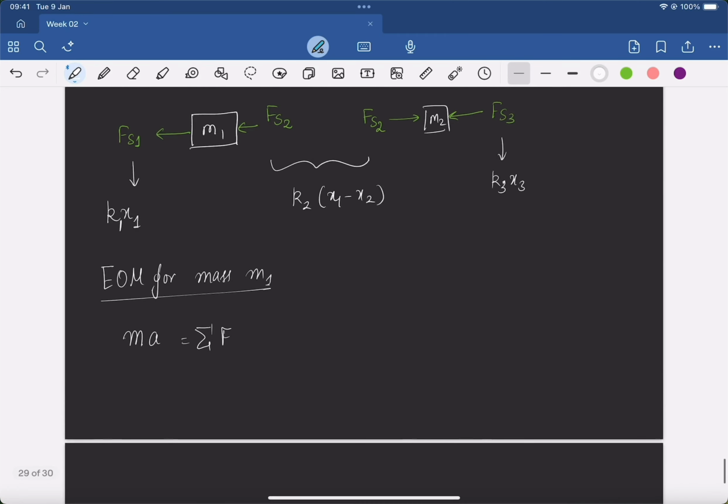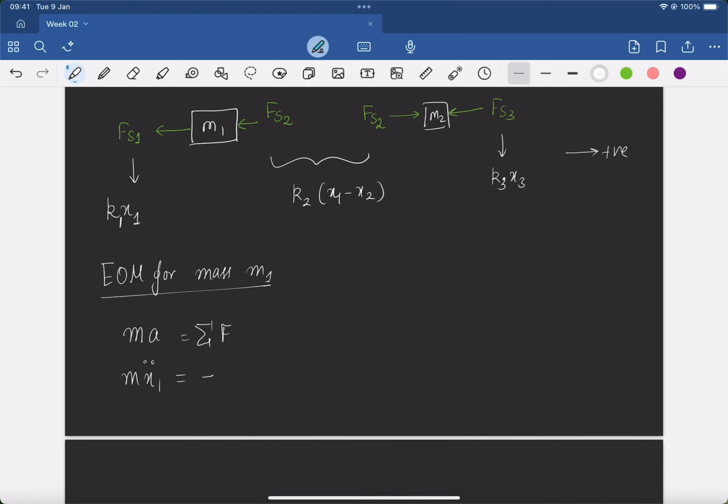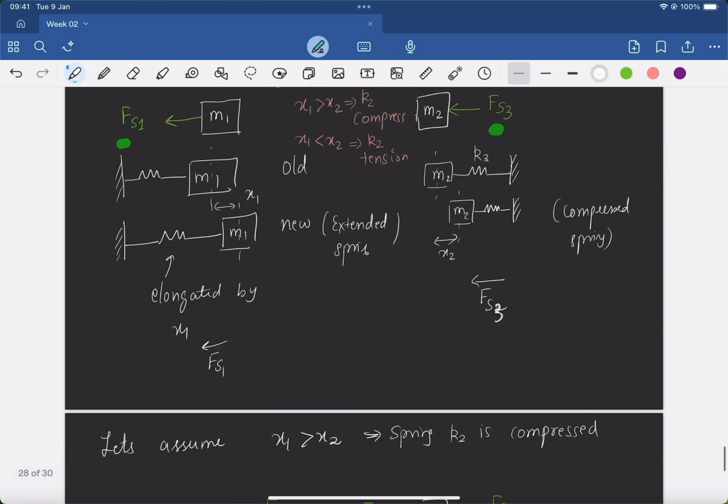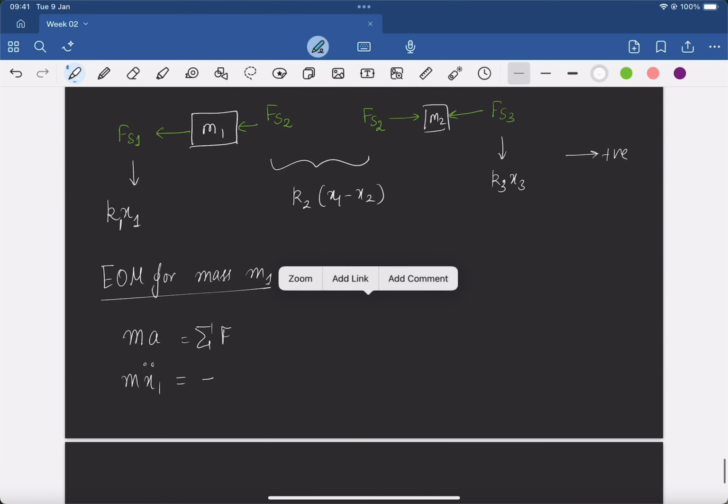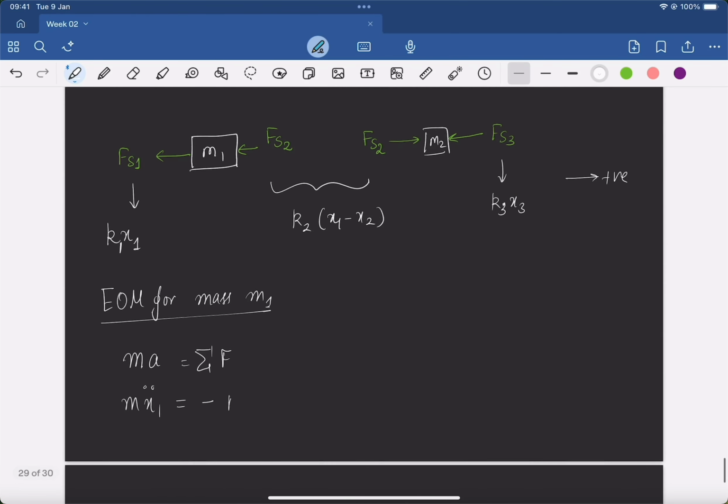So mass into x1 double dot is equal to, let's assume right is our positive direction, minus k1 x1 minus k2 into x1 minus x2.